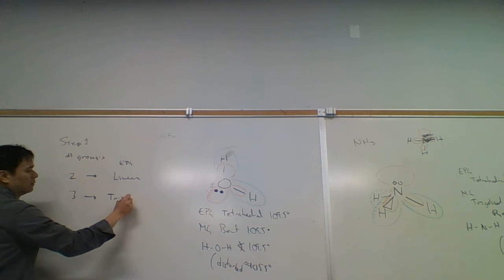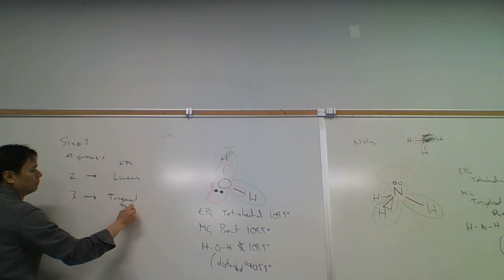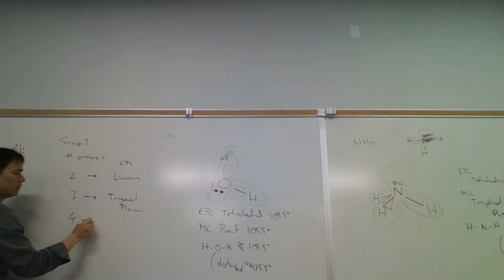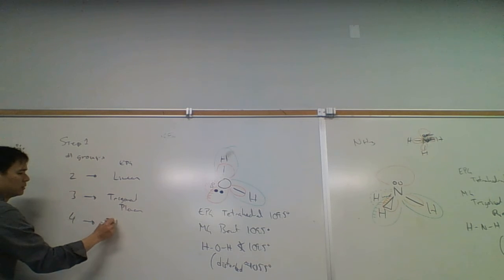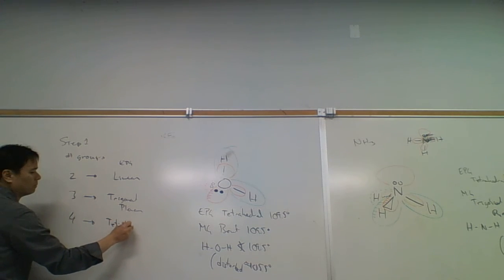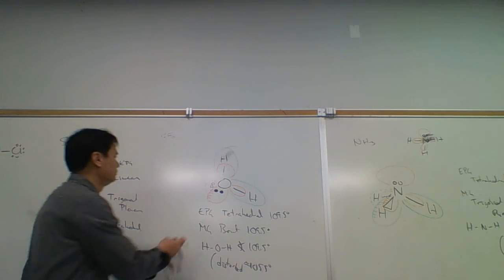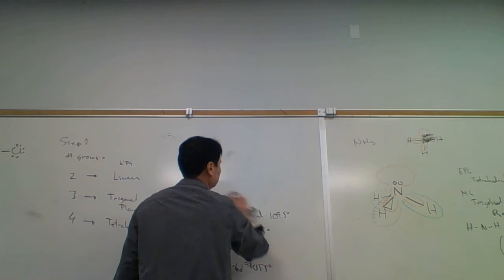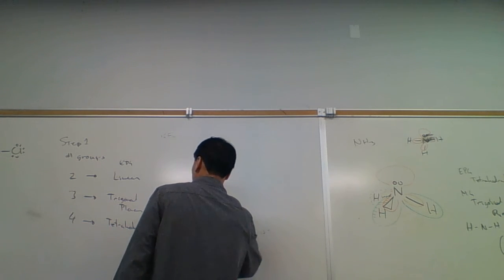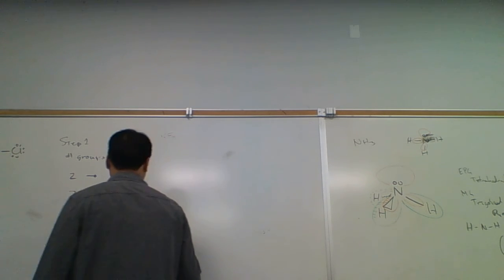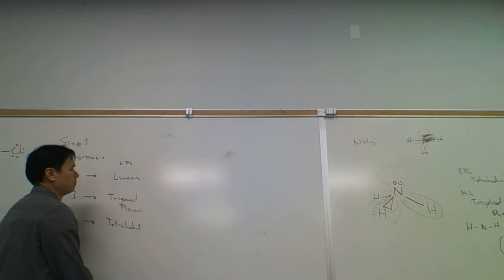Trigonal planar. If we have 4 groups, then we look at the number of bonded atoms and the number of lone pairs.